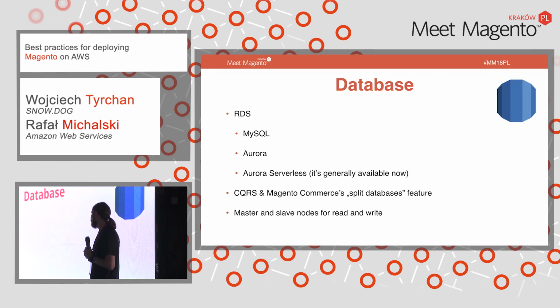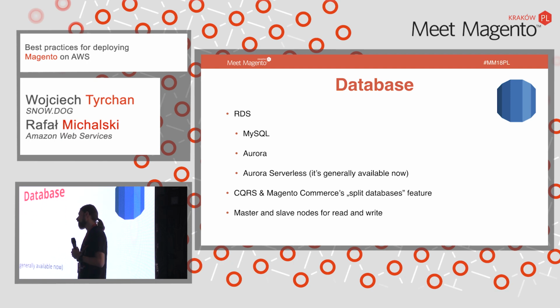Next, the databases. The RDS service has MySQL, it has Aurora and Aurora Serverless, which is generally available now. Magento can work with all three of these. Generally, I recommend Aurora.